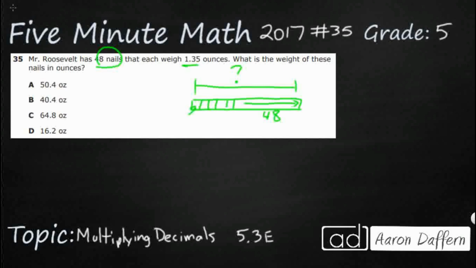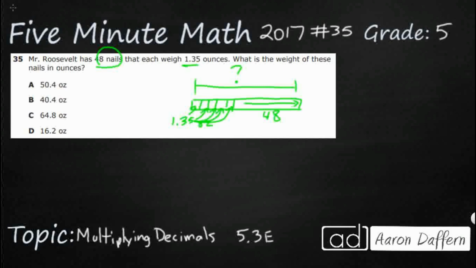So there's 48 units, 48 sections, and they each are 1.35 ounces. I can skip count by 1.35 if I want to. I could do repeated addition, but most of you recognize that by now we are going to be multiplying.